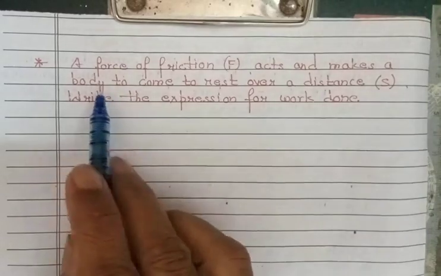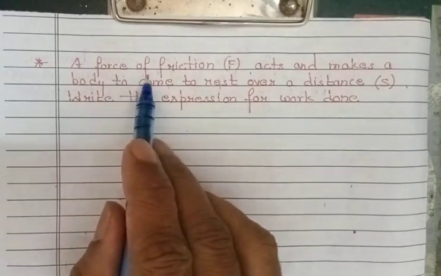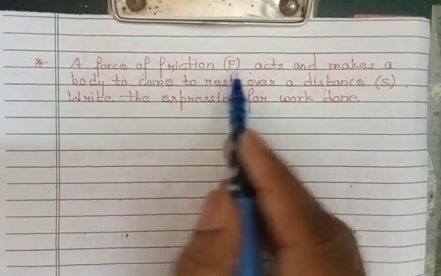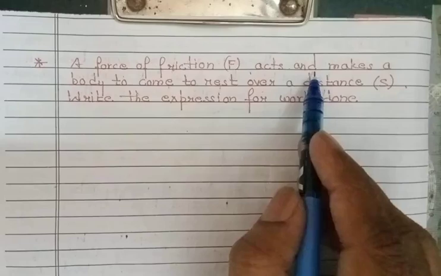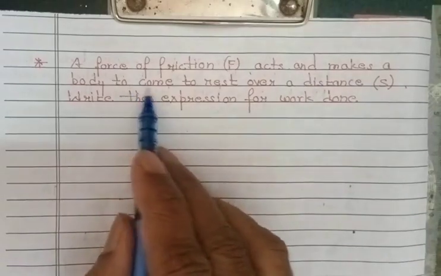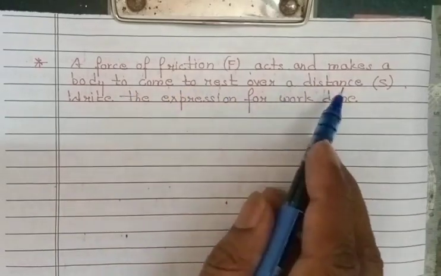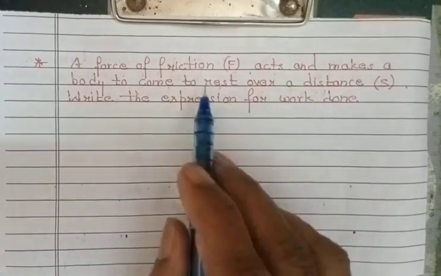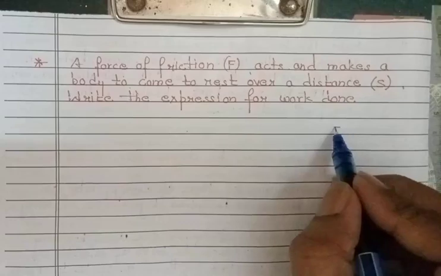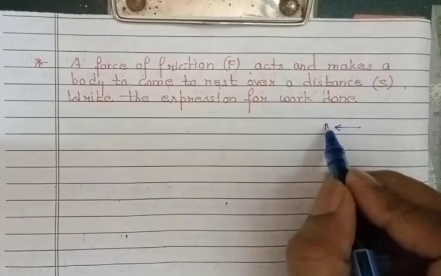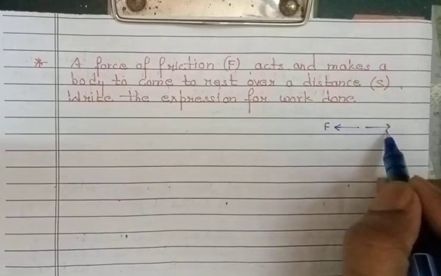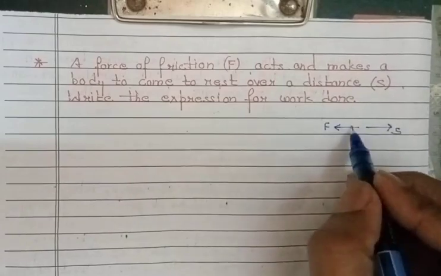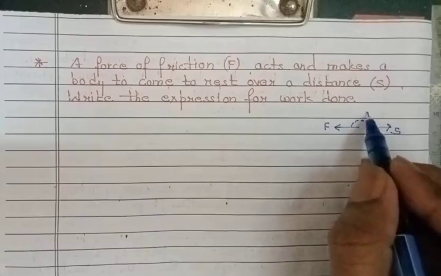Now in this one, they say a force of friction F acts and makes a body come to rest over a distance S. Now see, the force of friction always acts opposite to the direction of motion. So again here you can see angle is of 180 degree.